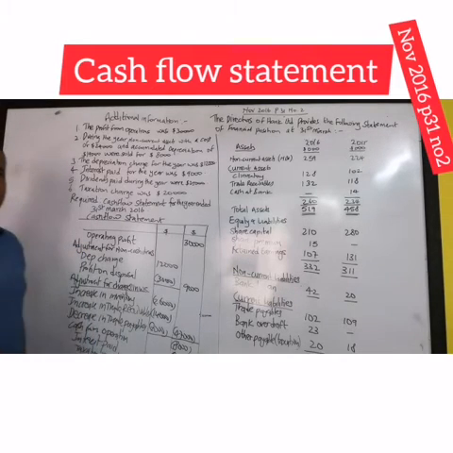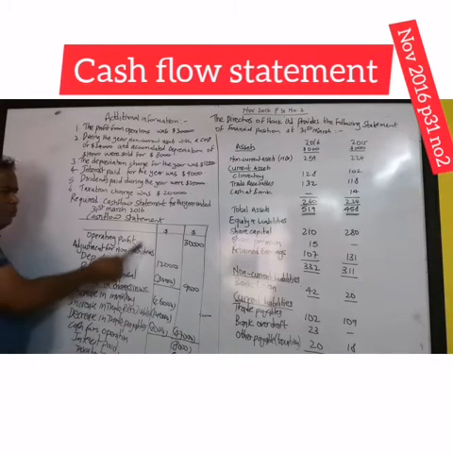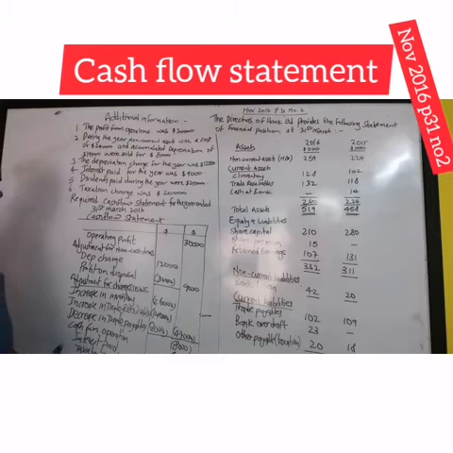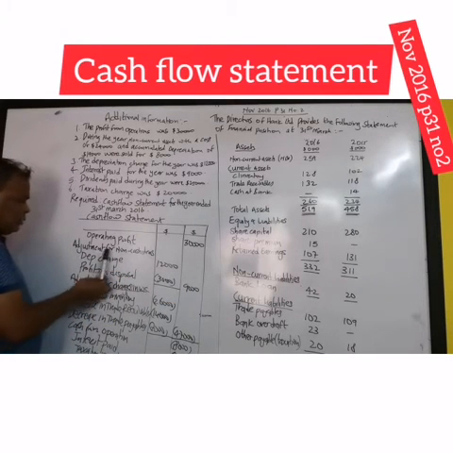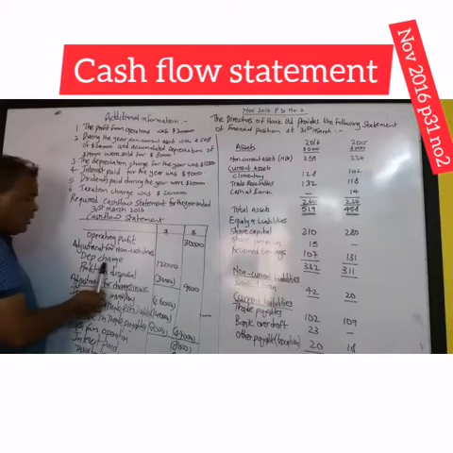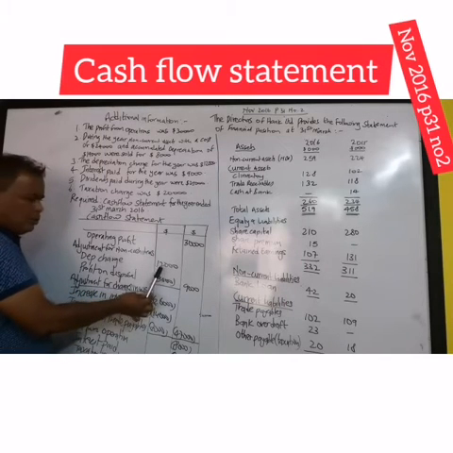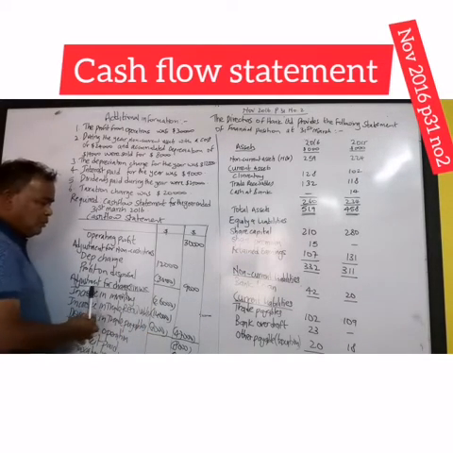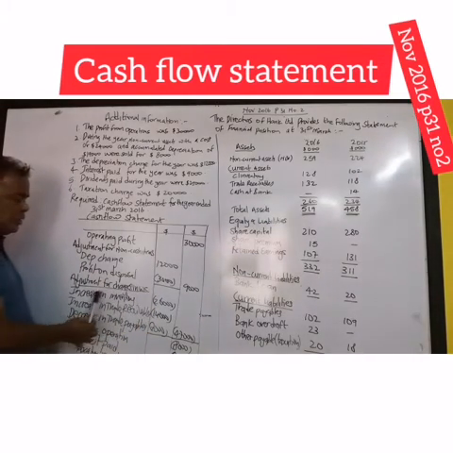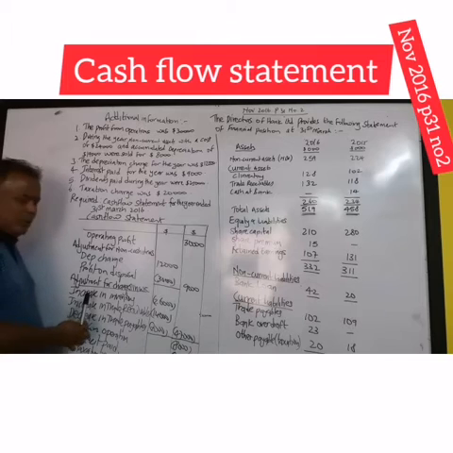So we will continue in the same format, cash flow statement. We have the first one, operating profit, 30,000. We have to record changes in non-cash items, depreciation charge, 12,000. Profit on disposal, 3,000. Adjustment for changes in working capital: increase in inventory, 26,000.